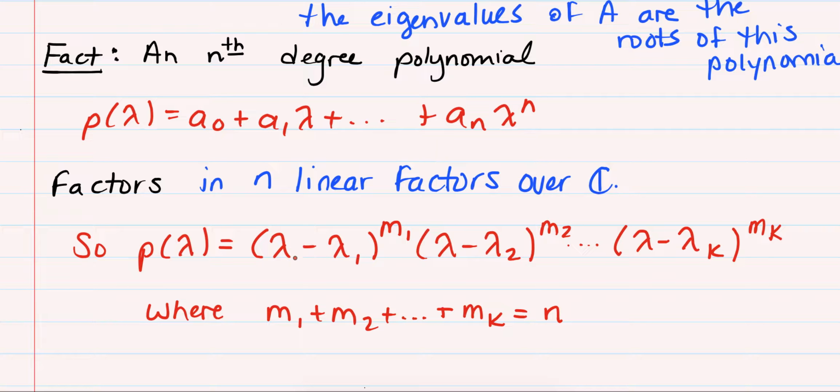So this is like saying x minus 7, x plus 2, x plus 9. This could be that squared, this could be cubed, this could be to the first power.